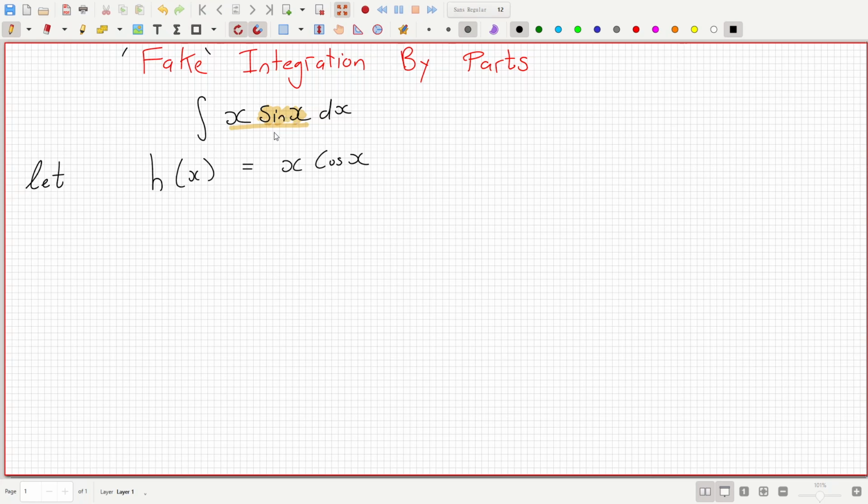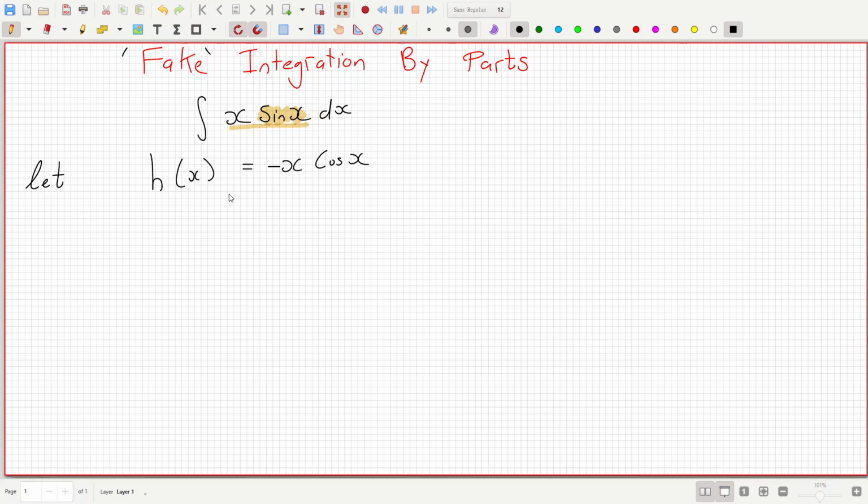I suppose really the integration of sine x is minus cos x, so you could say minus cos x. Actually, you don't need to. It doesn't really matter if you have the plus or the minus here. The technique will work either way. But if you want to be strict about it, then technically it's minus x cos x.